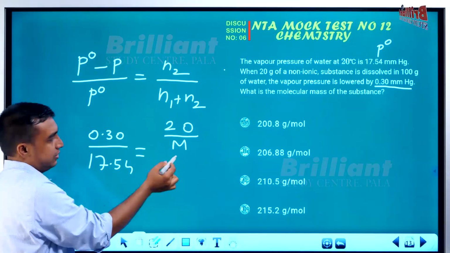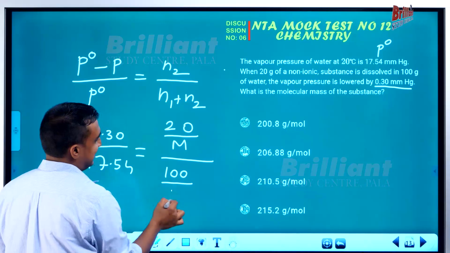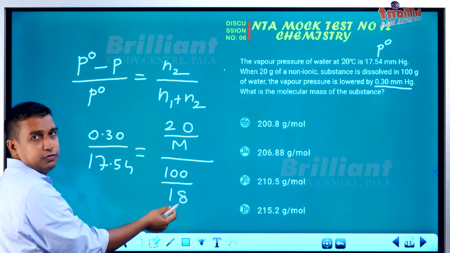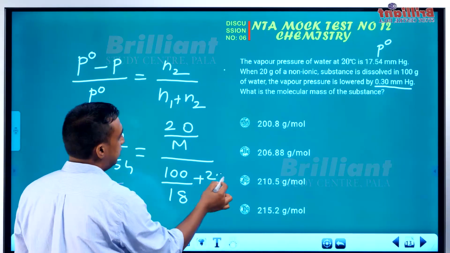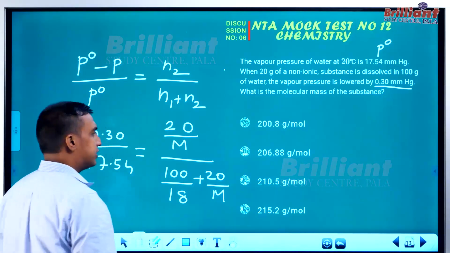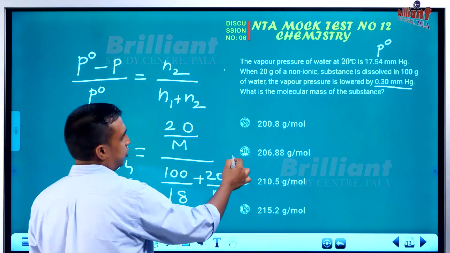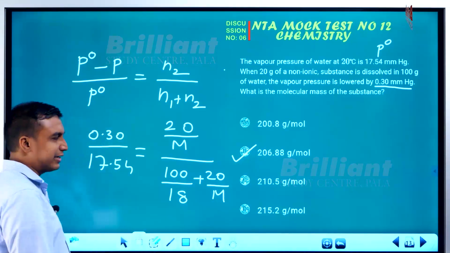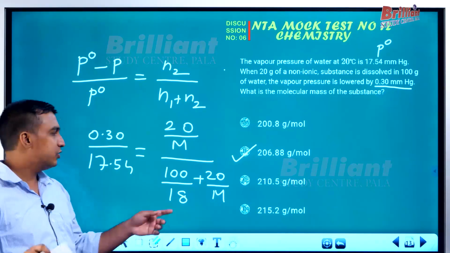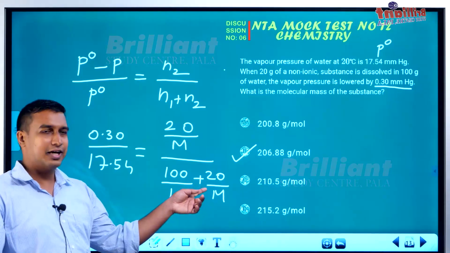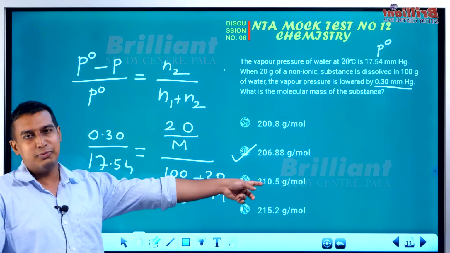This M is my answer, and N1 is 100 by 18. 18 is the molecular weight of water, so this gives the number of moles of water, plus 20 by M. If I solve this, I will get the answer, almost 207 gram per mole on calculation. If we approximate, neglecting 20 by M in the denominator, you will get the option near to C.